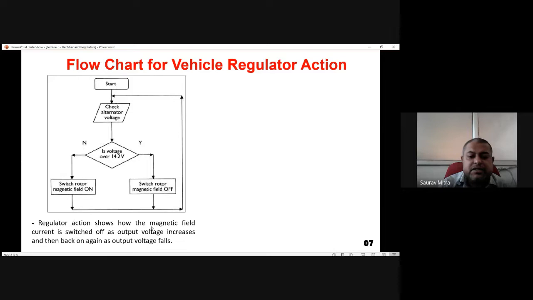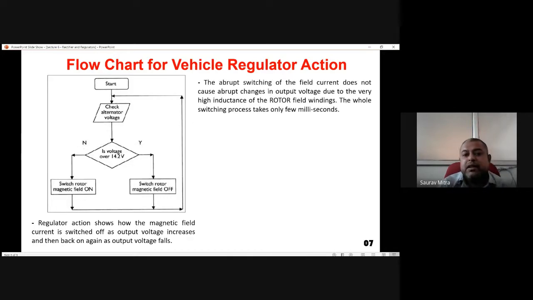So regulator action shows how the magnetic field current is switched off as output voltage increases, and then back on again as the output voltage reduces. But one very big caution is there: as soon as we are cutting the current, or connecting the current to the coil, there will not be an immediate change in the alternator output voltage, because the alternator has a field coil and a stator coil.